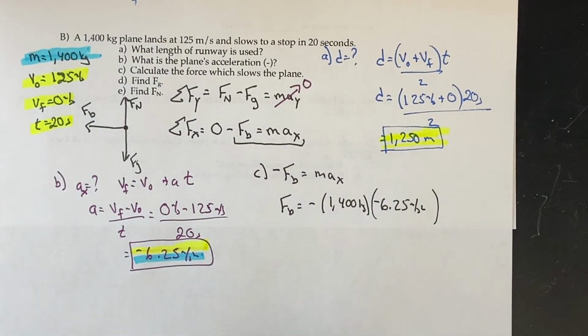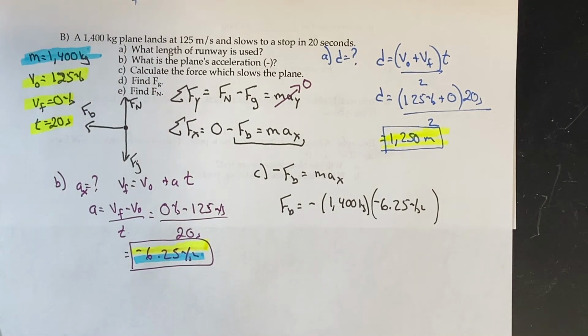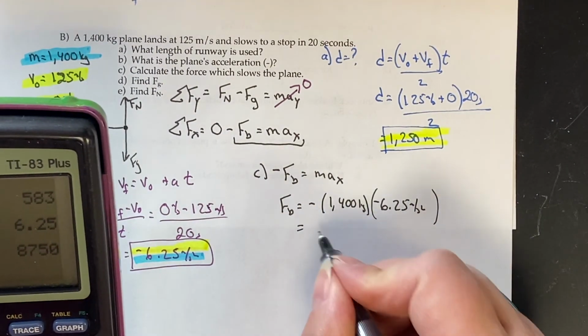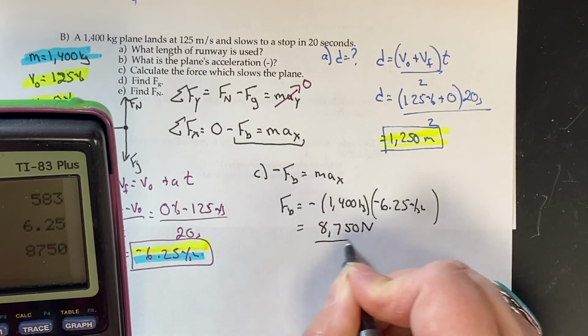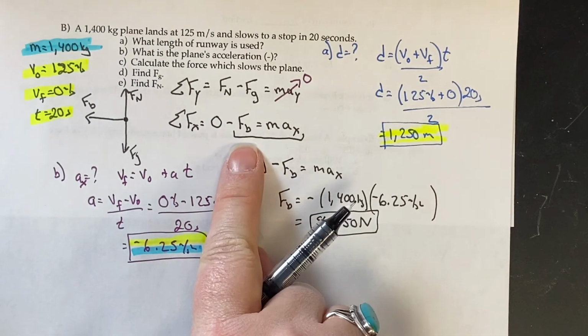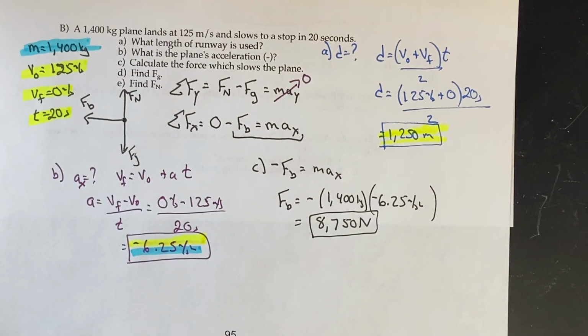It's going to be a large force, but that makes sense. Planes are large objects, and so a large net force would be required to slow this plane to a stop. So the negatives cancel out, and I have 8,750 newtons is the braking force. And that's also the net force, because that's the only force acting on it horizontally.